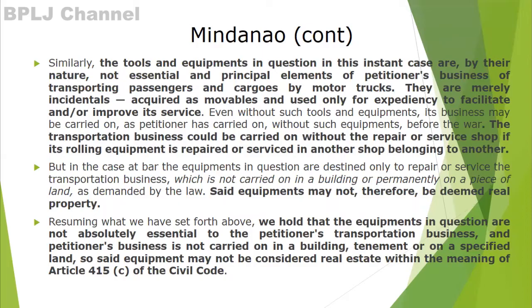They are merely incidentals acquired as movables and used only for expediency to facilitate or improve its service. The transportation business could be carried on without the repair or service shop if its rolling equipment is repaired or serviced in another shop belonging to another. Therefore, the said equipments may not be deemed real properties.